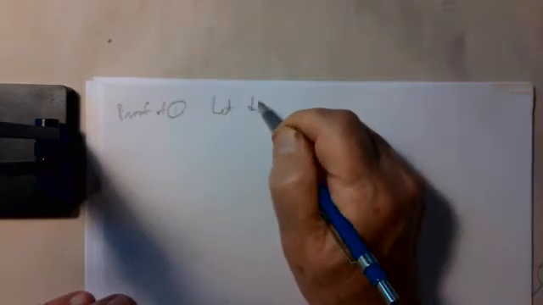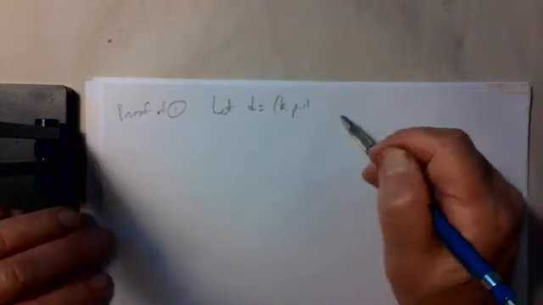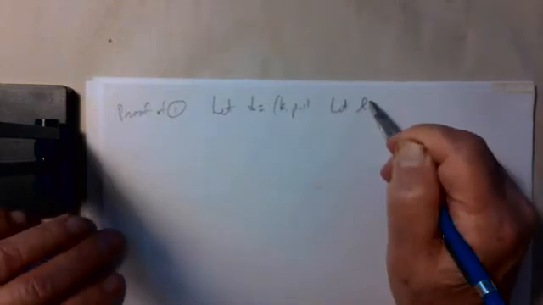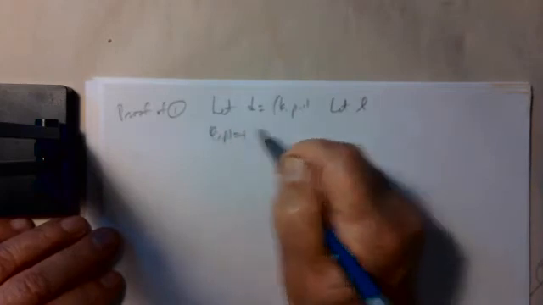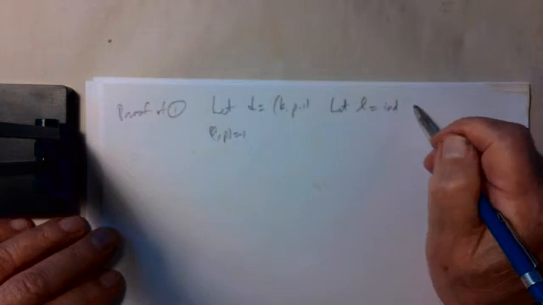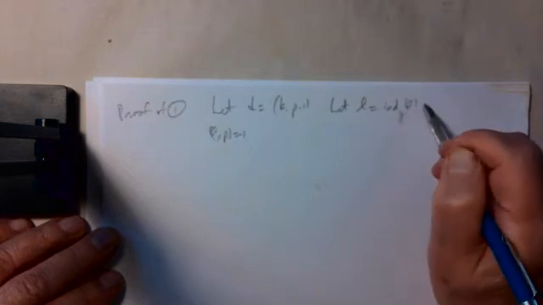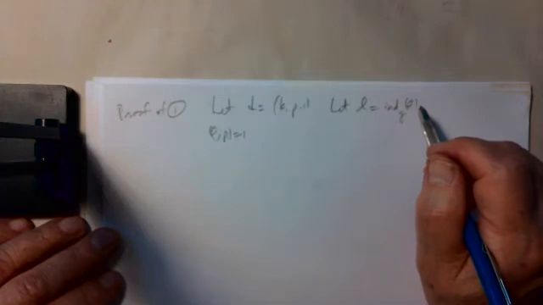Let d be the greatest common divisor of k and p minus 1. We know a and p are relatively prime, so let L be the index of a with respect to the primitive root g.